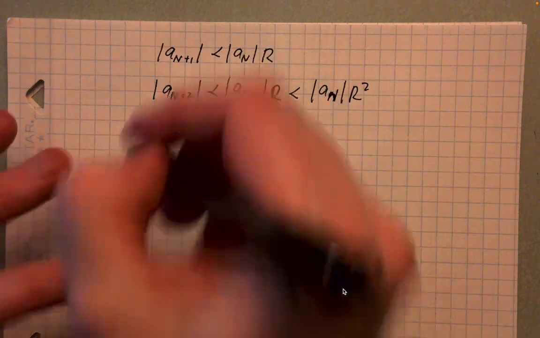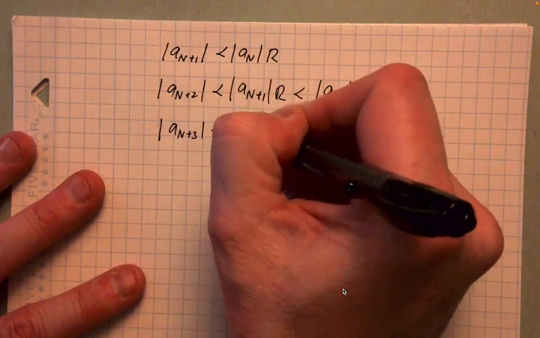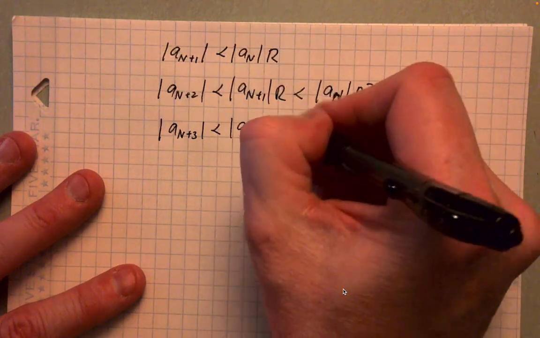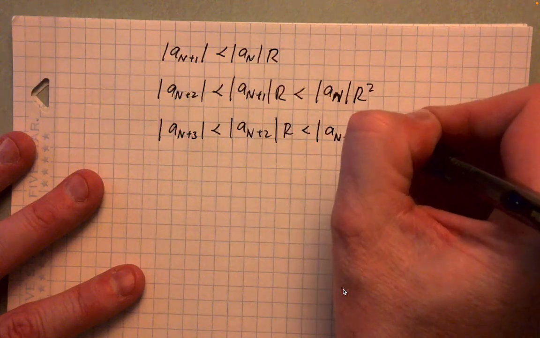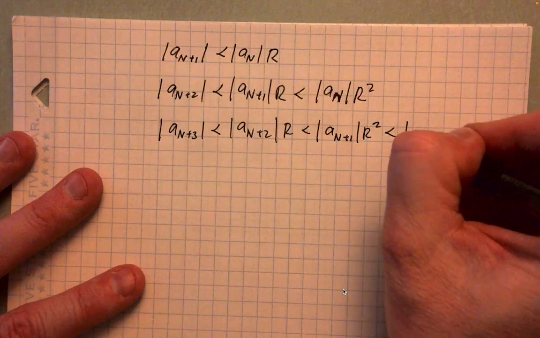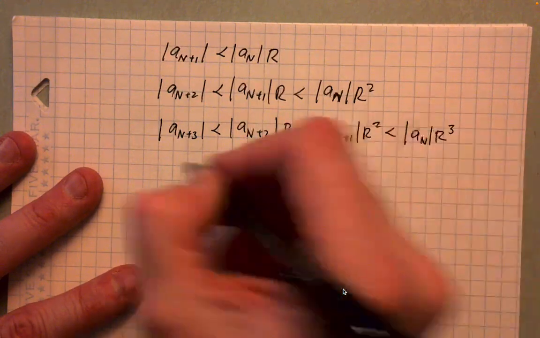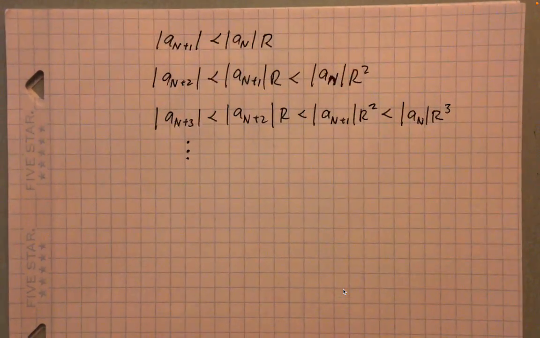All right, we could do it again, right? We could continue on like this. And so on. Right, we can continue on. Okay. And so we can include elements of this and create a geometric series.